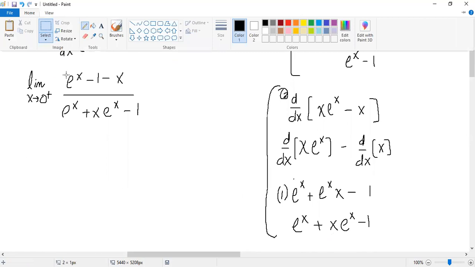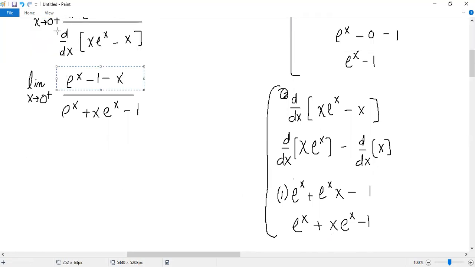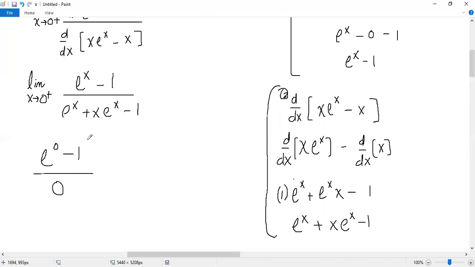So instead of putting e to the x minus 1 minus x on the top, I should actually have e to the x minus 1 here. And then on the bottom, I have my derivative. But if I substitute, I'll get e to the 0 minus 1. And then we already know that we have 0 in the denominator. So it would just be 1 minus 1 over 0, which is 0 over 0.